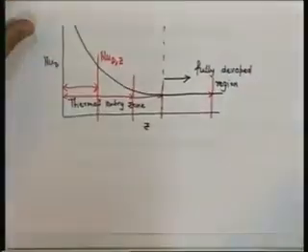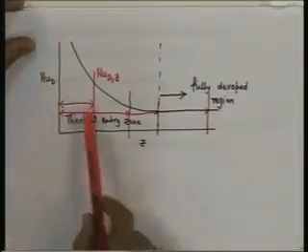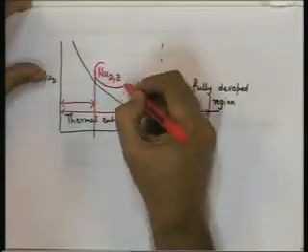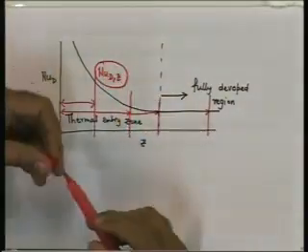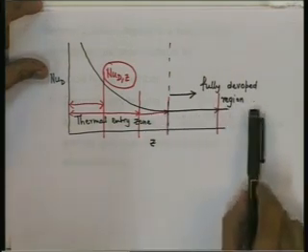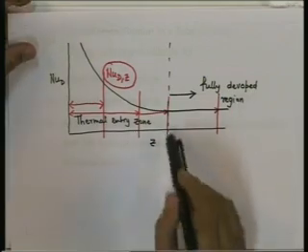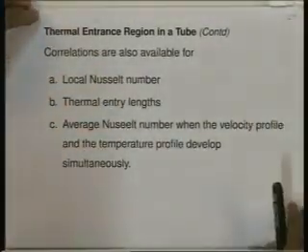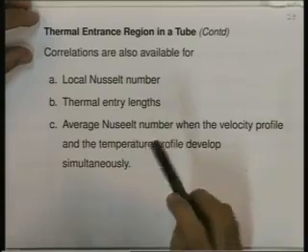We have looked at the average Nusselt number over Z, but correlations for the local Nusselt number as a function of Z are also available. After a certain distance, the local Nusselt number does not really change with Z star. This is the value of Z star at which the thermal entry zone ends, and we have correlations available for thermal entry lengths also.